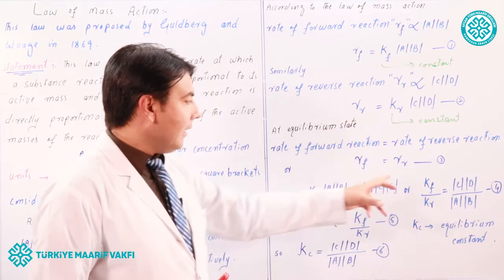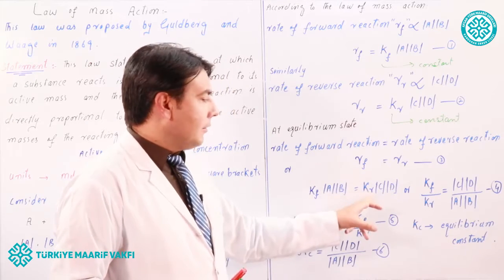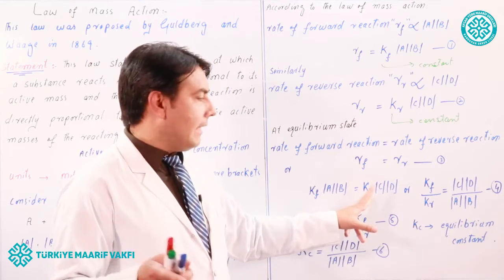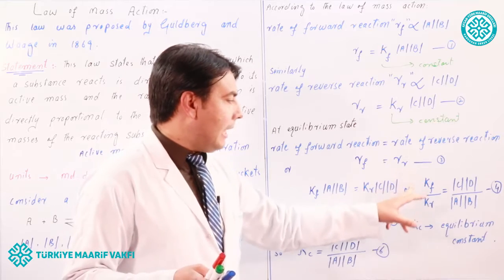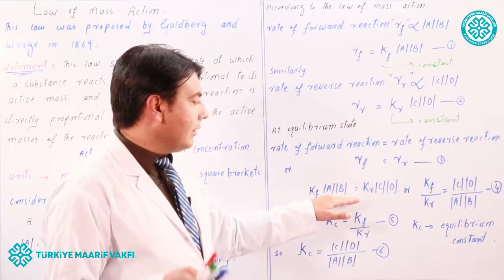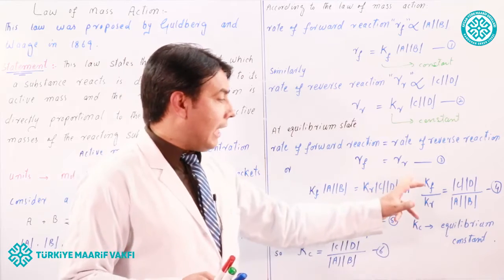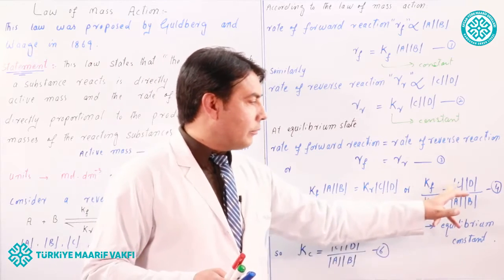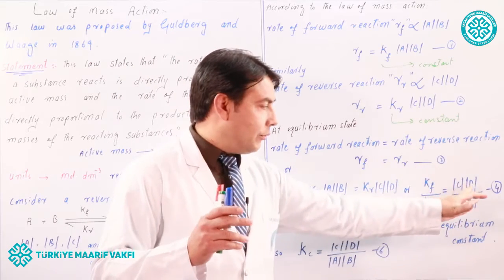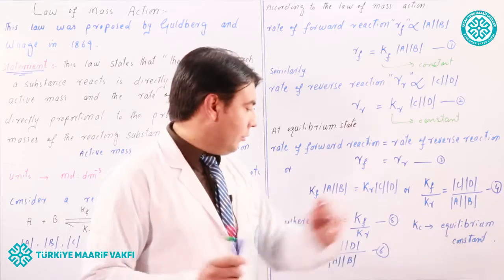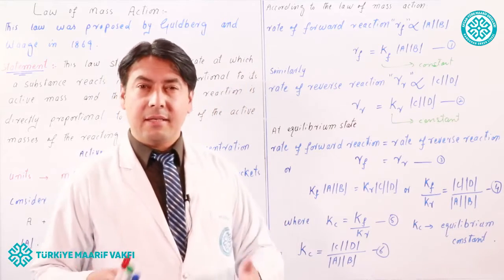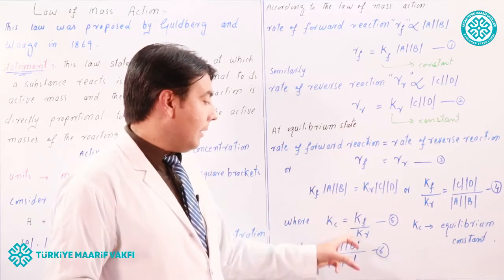Divide both sides by Kr, and also divide both sides by [A] and [B]. So Kf over Kr is equal to [C] into [D] divided by [A] into [B]. We know that Kc is equal to Kf over Kr.